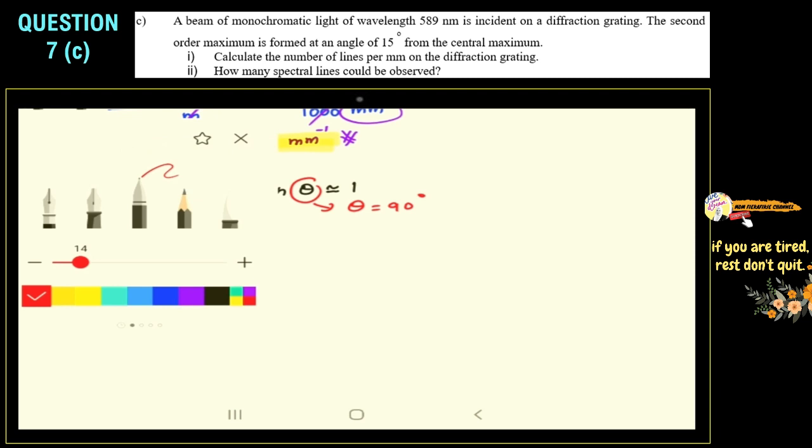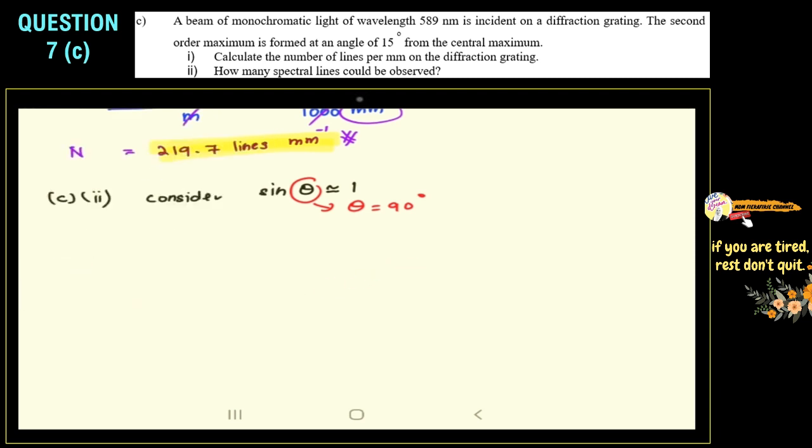Therefore, based on the equation of the diffraction gratings, 1 over n sin theta equal to m lambda. So ini adalah 1. Okay, sin 90. So dia akan jadi m. So m equal to berapa tu? M equal to 1 over n lambda. Kan? Okay.